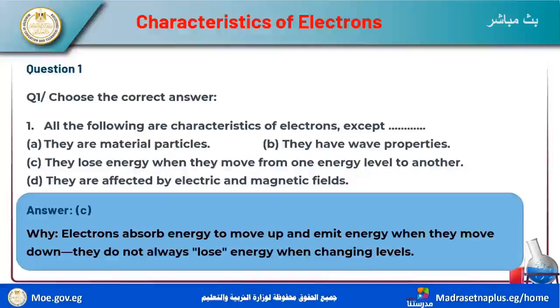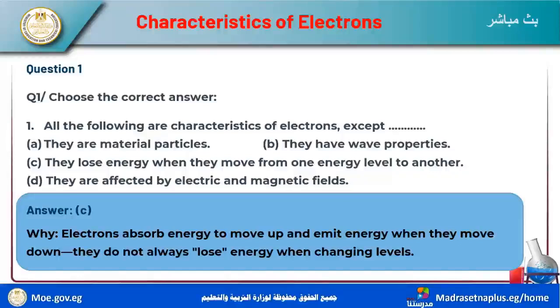Electrons absorb energy to move up and emit energy when they move down. They don't always lose energy when changing levels. Now, in these properties of electrons, they are material particles. Yes, it's true, but not material particles only, they also have wave properties.